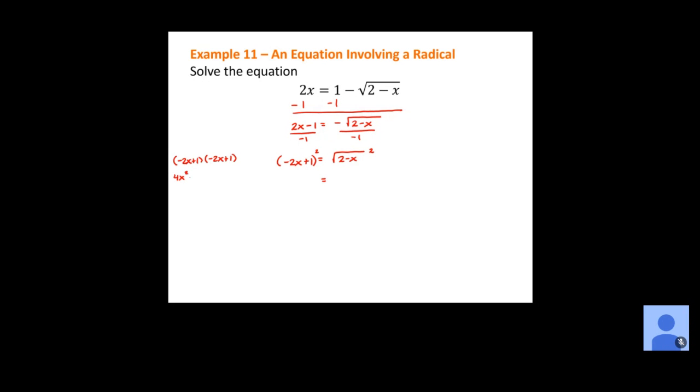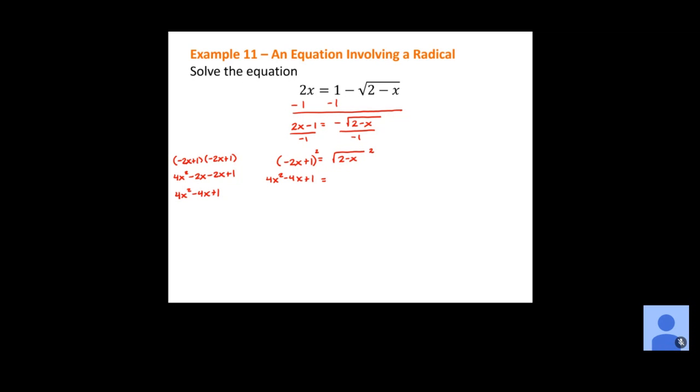Outer term, -2x times 1 is going to give us -2x. Inner terms, 1 times -2x is another -2x. And then last terms, 1 times 1 should be a 1. Combining our like terms in the middle now, we get 4x squared minus 4x plus 1. So that's actually what we have on the left-hand side now.